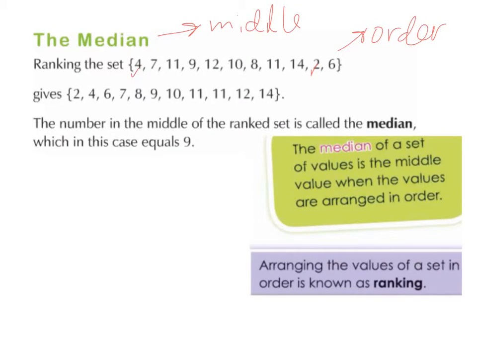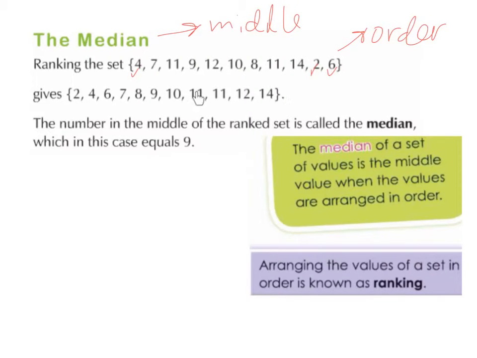I would have ticked that off, written it down here, put a comma. Then I would have seen that 6 was the next lowest, ticked that off, written it down with a comma, and so on. The reason for doing this is you can't miss out a number and you can't repeat a number by accident, because that's very easy to do. So I'd always suggest tick off the numbers as you use them.